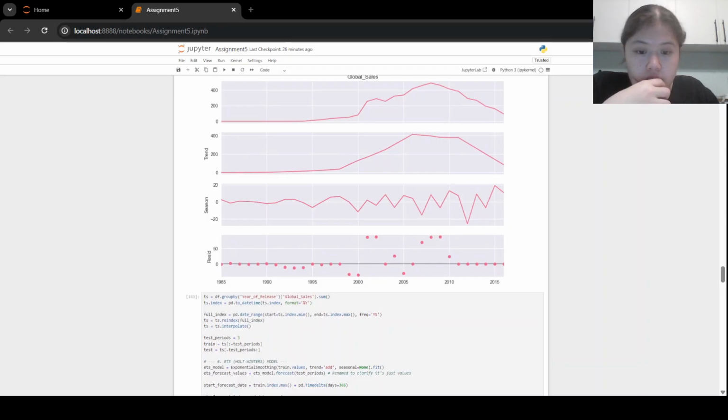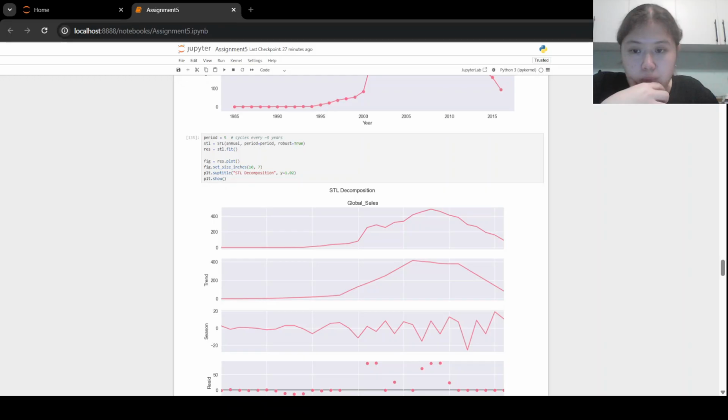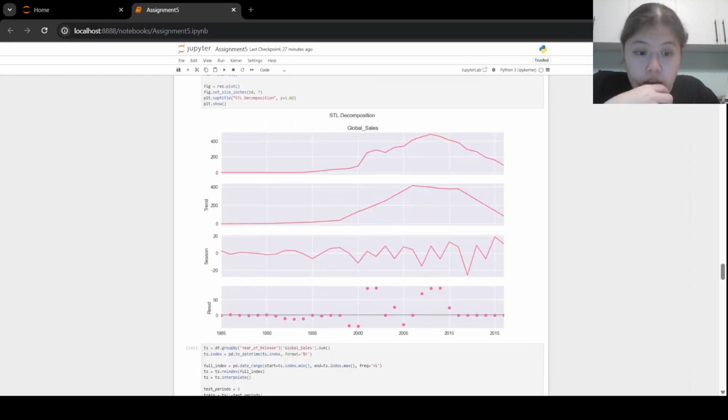And in season, we can see we have a 5-year segment here, period is equal to 5, and we are checking if the sales are consistently higher or lower compared to the trend, and it seems like the season seems more negative after 2010.